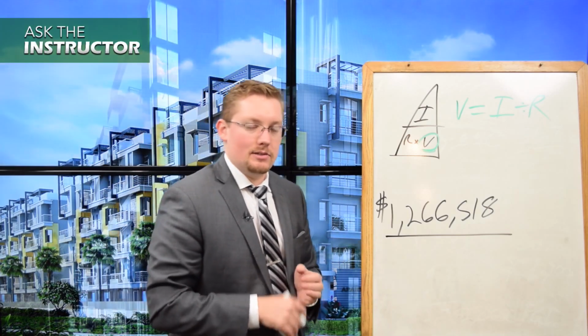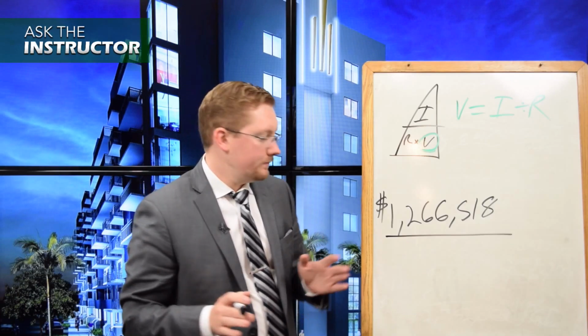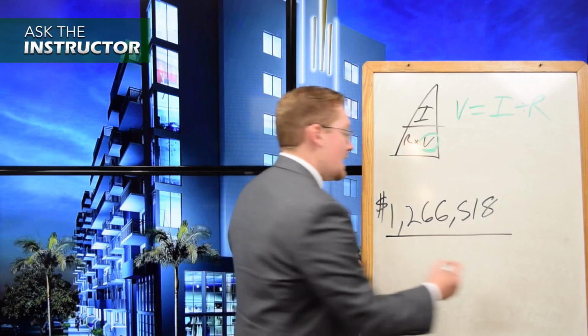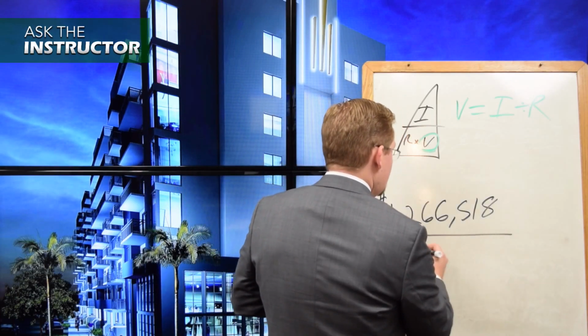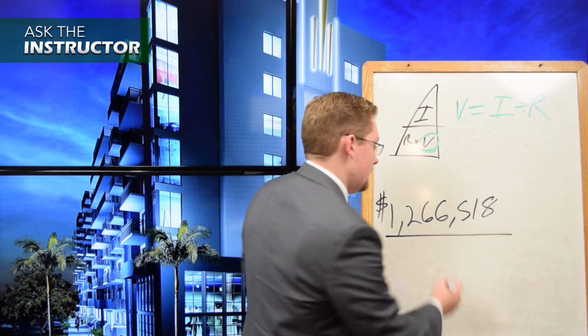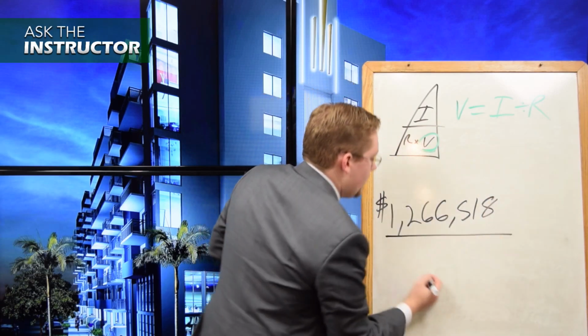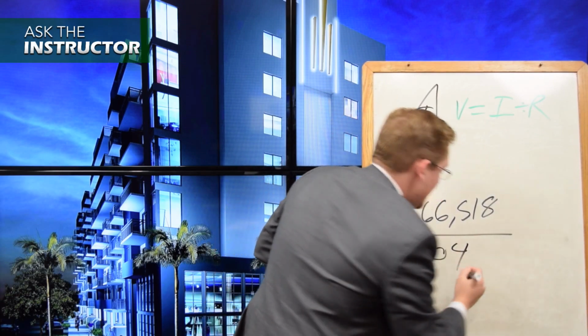And let's say the investor says, okay, worst case scenario, I want to make sure that we have at least a 4% capitalization rate, a 4% return on investment. So what we're going to do is income divided by rate. We're going to divide this by 4%.